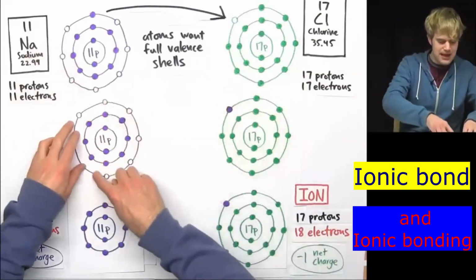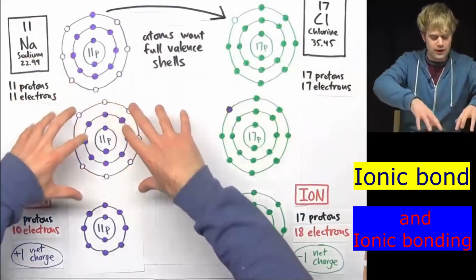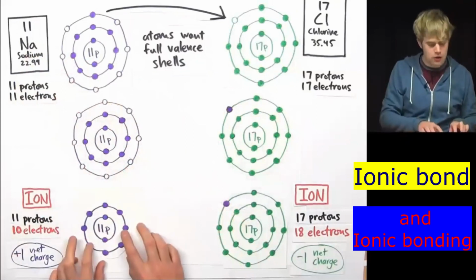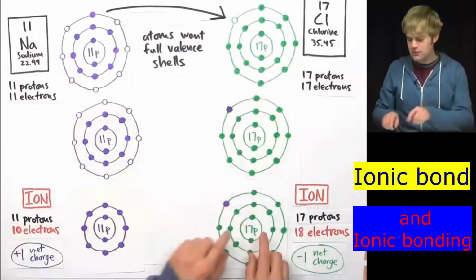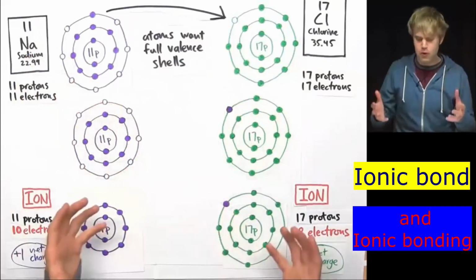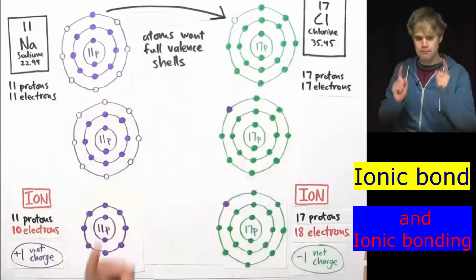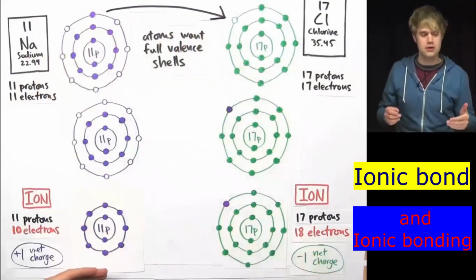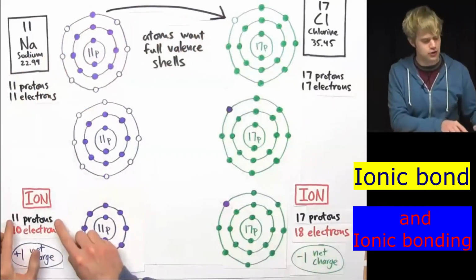Sodium empties out its valence shell. So it's almost like that old valence shell just disappears. We end up with this, and the new valence shell is totally full. So now sodium and chlorine are both able to get full valence shells. But electrons had to move in this process. So now sodium has 1 fewer electron than proton.